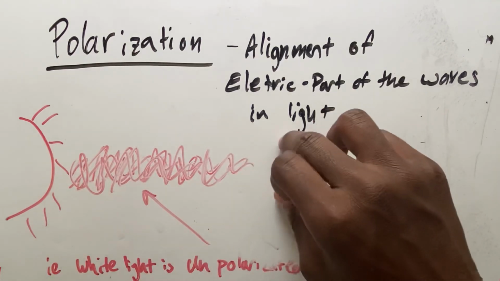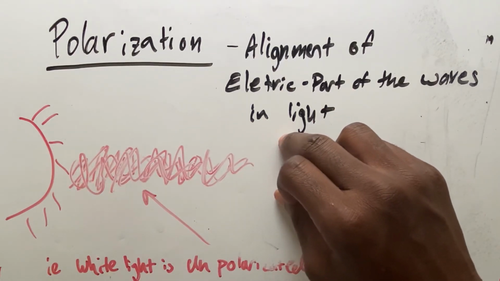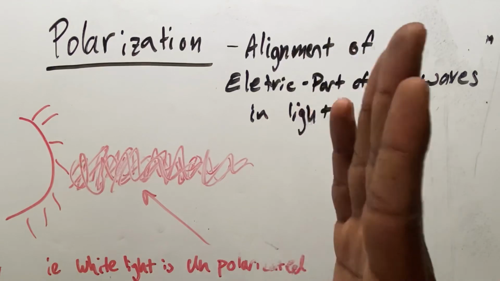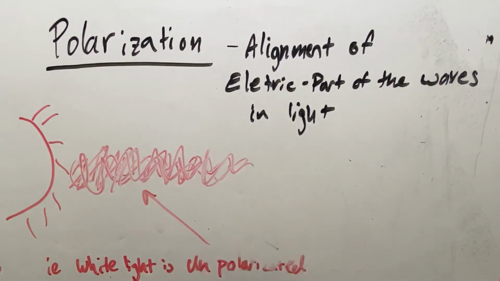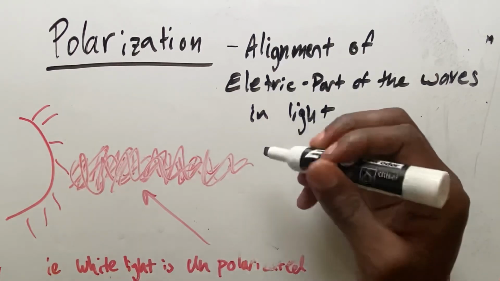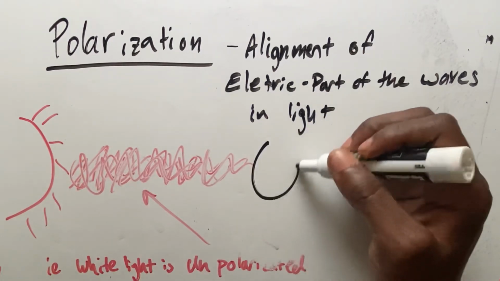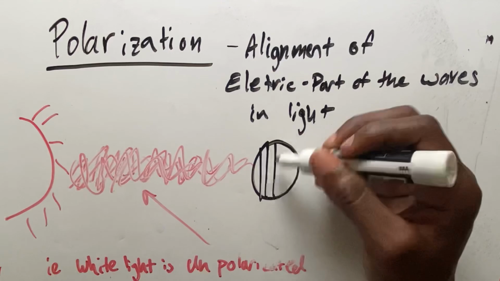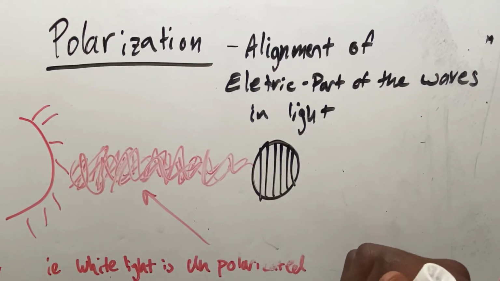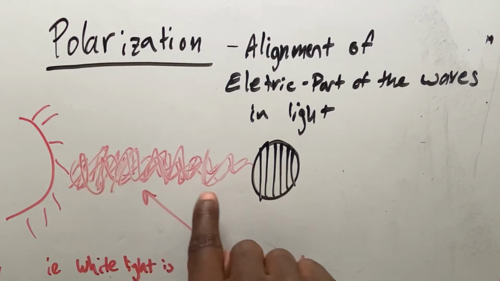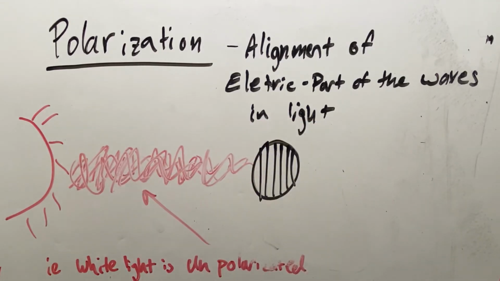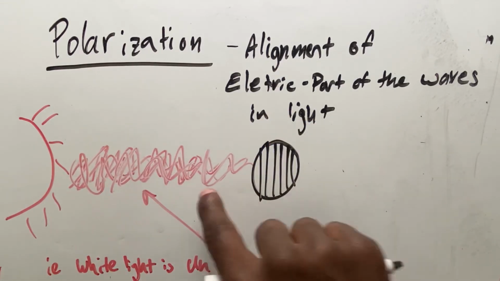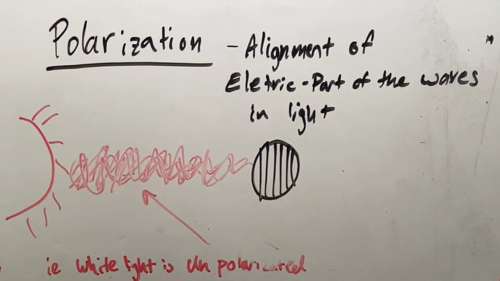So now we have an object called a polarizer, which is basically just some type of film that's going to organize or align this light. So I use a circle for that. So it's up and down. Basically, once light passes through this lens, what we call a polarizer, it's going to polarize the light into a certain direction.